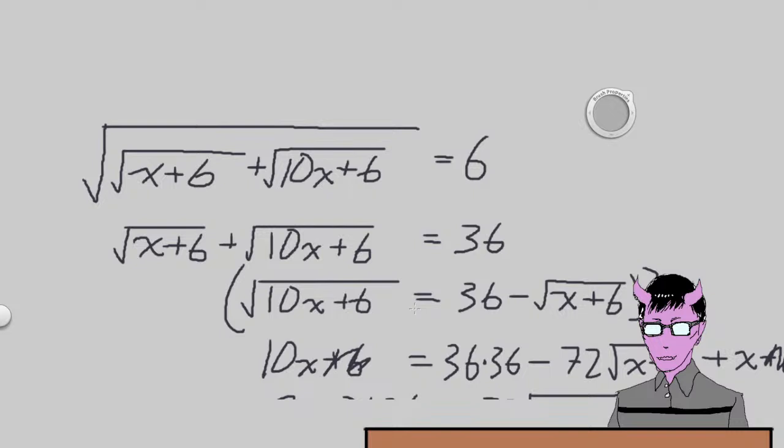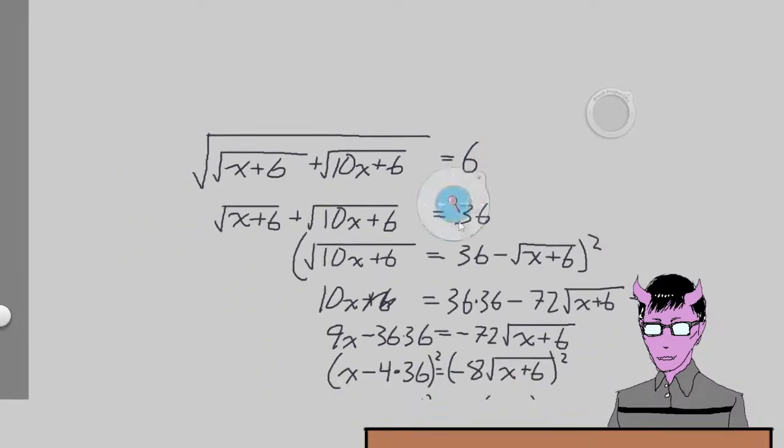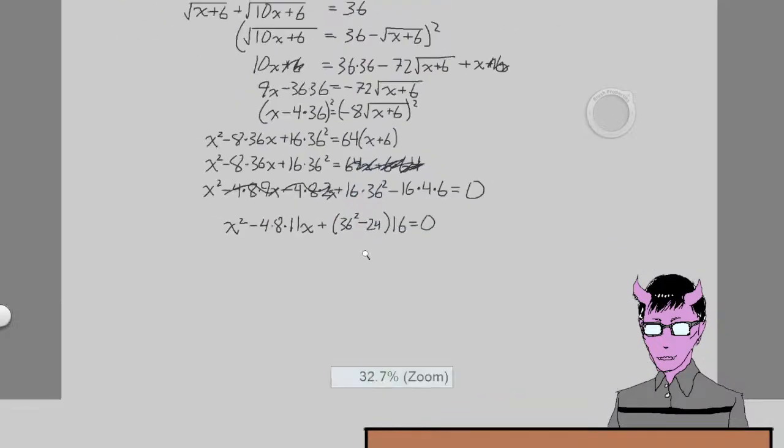Let's see if there's actually a nice solution. Yeah, there's no nice solution. It's irrational. There is at least one solution. I think there's only one real solution, but it's an irrational real solution. All right, so that's kind of a waste of time.